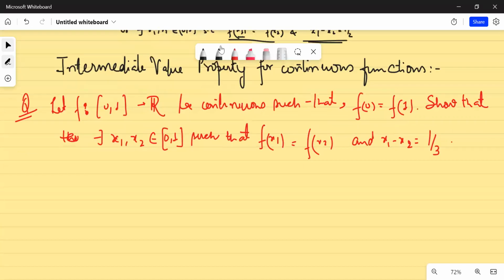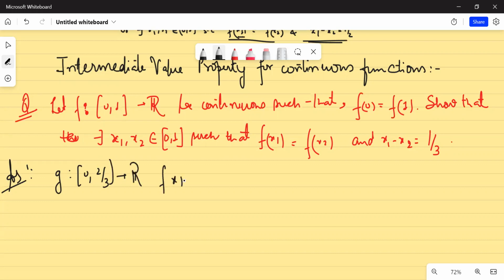Okay, so how to do this particular thing? What I'll do, as done in the previous question, I'll assume a function g defined from [0, 2/3] to R, f(x + 1/3) minus f(x) equals g(x). Why have I done so? In the last lecture I explained that if I'm writing x1 minus x2 as 1/3, that implies x1 would be simply x2 plus 1/3.